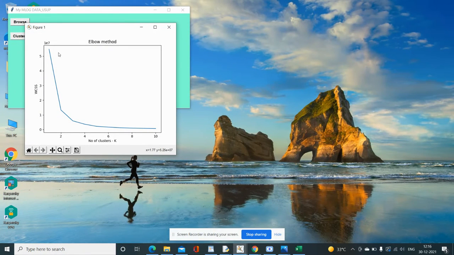Simply speaking, it is eliminating the difference among the data points. It is falling from top down here, and from here onwards, the dissimilarity is minimum.